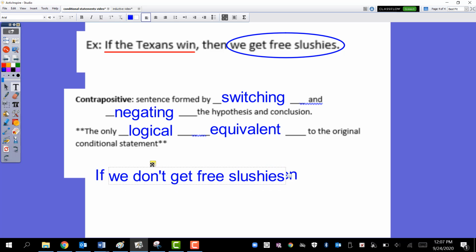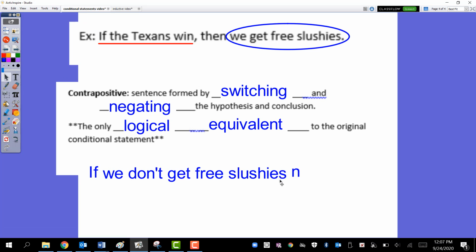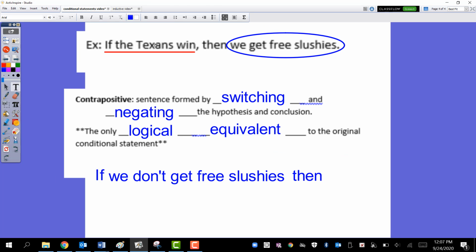All right. Then is still kicking it in the middle. So if we don't get free slushies, then, okay, next part, well, the hypothesis was first, now I'm writing it second, and I have to negate it. So I have to say the opposite of the Texans win, which we said was the Texans don't win or do not win, period. Okay?